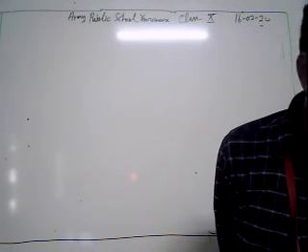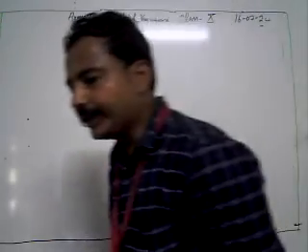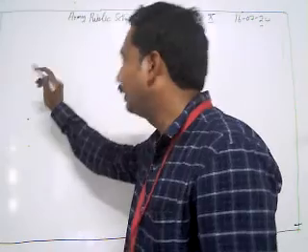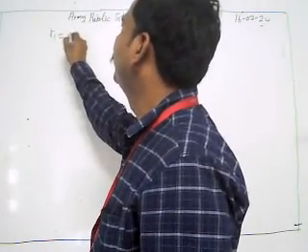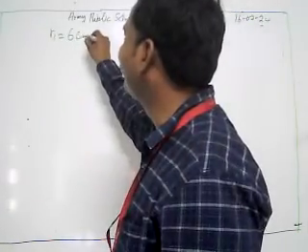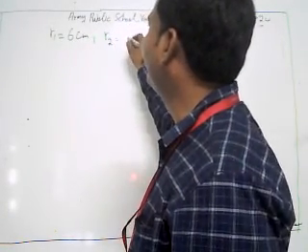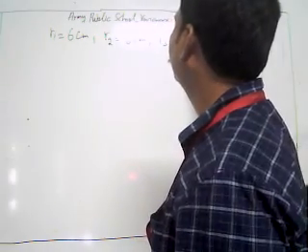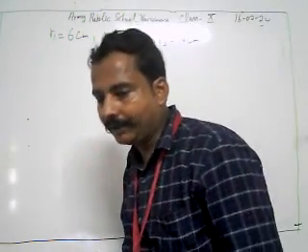Find the radius of the resulting sphere. Look, what is given in the problem? We have three metallic spheres having radius 6 centimeter, 8 centimeter, and 10 centimeter.